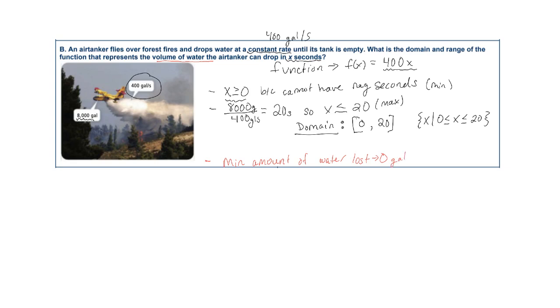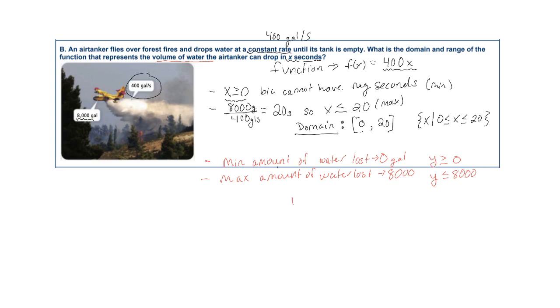You could lose none. And the max amount of water lost would be 8,000. So y can be greater than or equal to 0, and y can be less than or equal to 8,000. And this is our range.